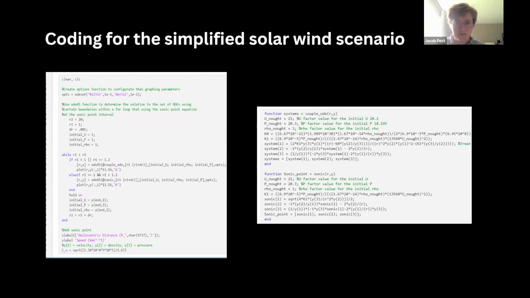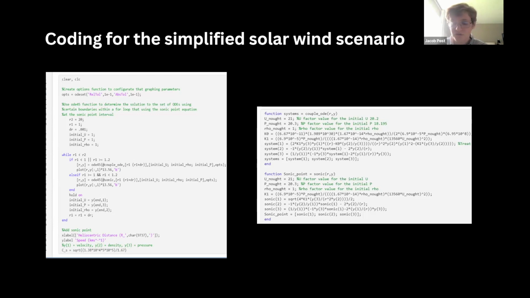And so using these two functions, I am able to essentially write a code that creates two different boundaries from a certain heliocentric distance to another, and run a while loop that creates intervals in which either the top function is used or the bottom function is used.